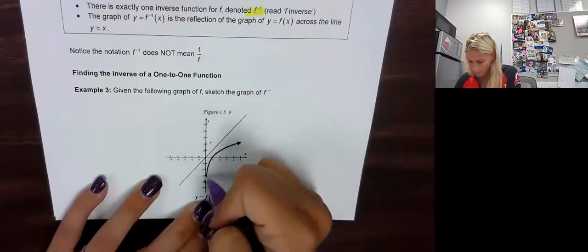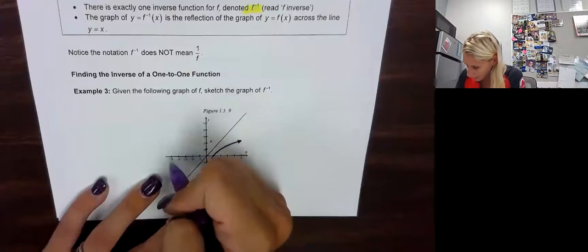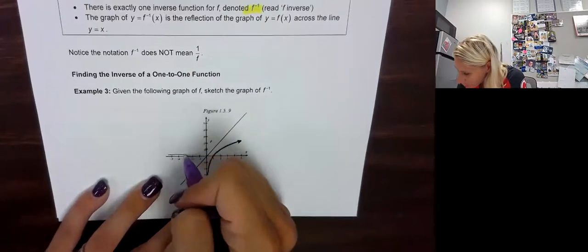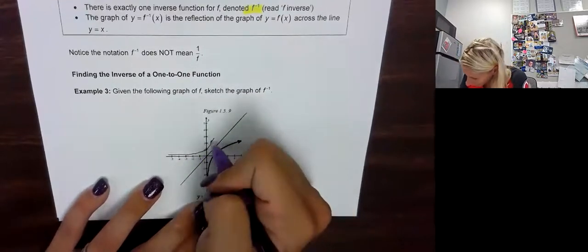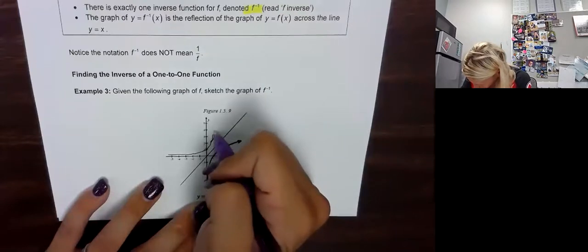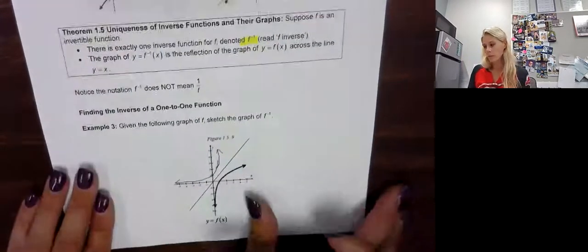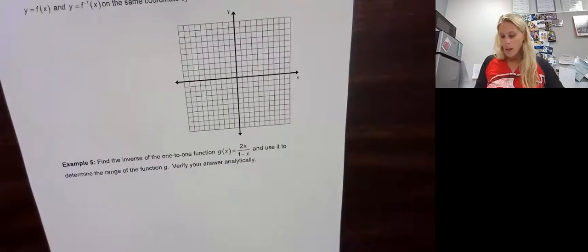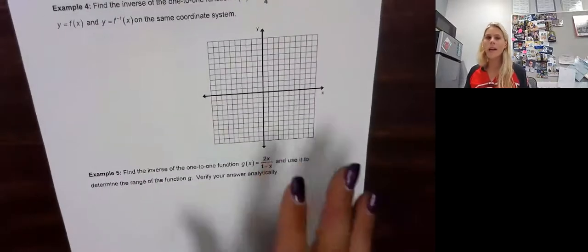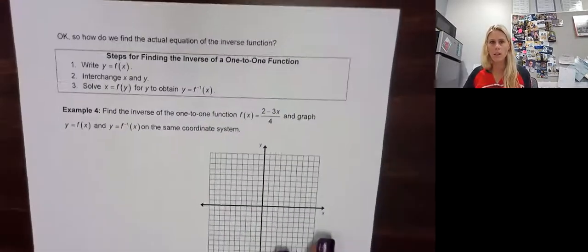If this one's very close to the y-axis here, then it's going to be very close to the x-axis. And then, of course, I might not curve correctly here, but it mirrors. So graphing is nice because it gives us an answer right away. All right, so how do we find the equation, though? I get it, we can graph it, but how do we find the equation?